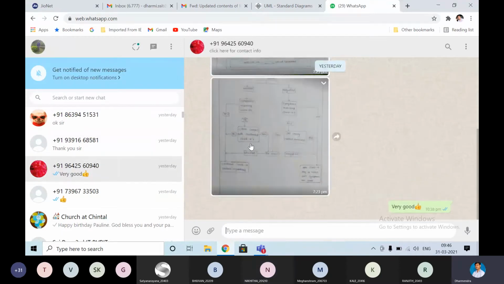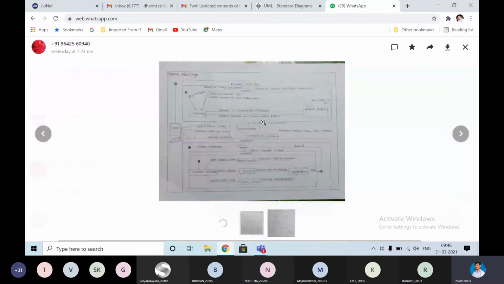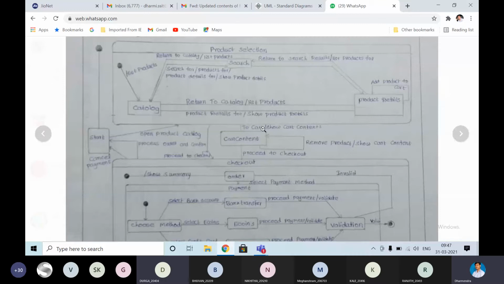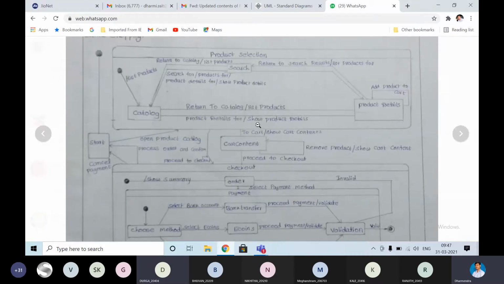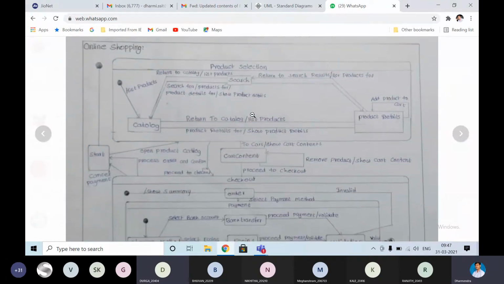Yes, sir. Okay. Then Durga Bhavani. She drew well. Very nice. Durga Bhavani, are you there? Yes, sir. Okay, very good. Then where did you get this? In Google, sir. Google. Okay. Have you understood this? Yes, sir.